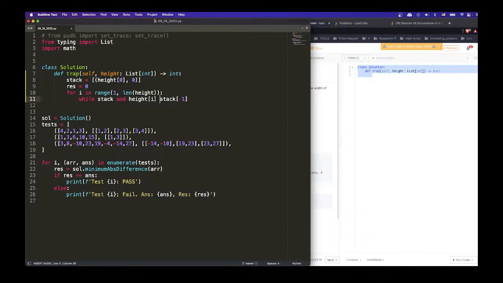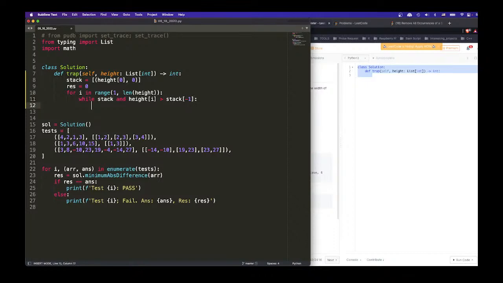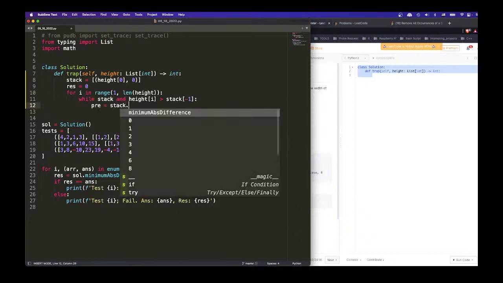Let's see. If I'm larger than, then we can do this. But if I'm equal to, I don't do it if it's equal to. So I just say if it's larger than. Okay, if it's larger than, then I'm gonna pop, right? I have a pre equal to stack.pop.